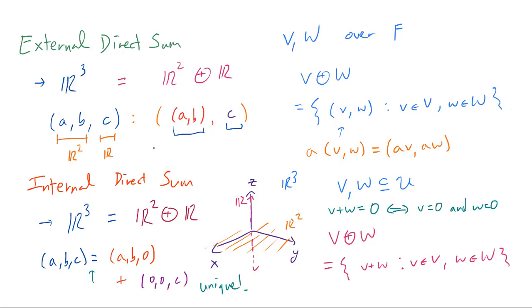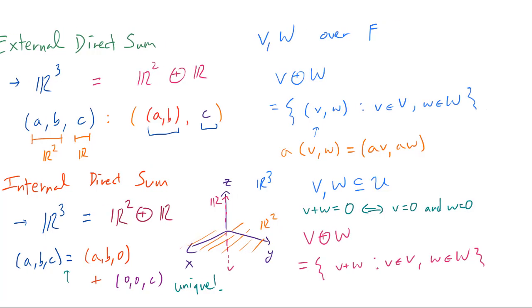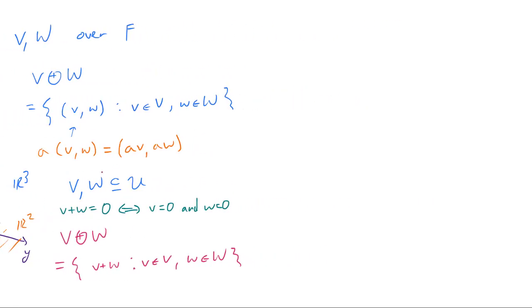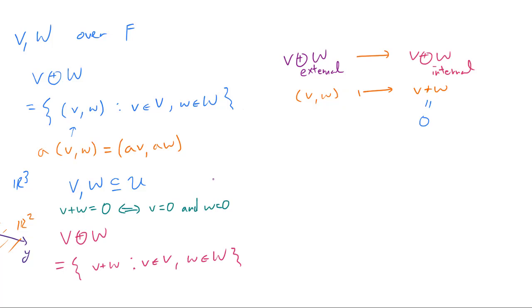But even in general, not just R3 being decomposed into R2 plus R, if you consider the spaces V and W satisfying these properties right here, and you consider the external direct sum and the internal direct sum, we can immediately find an isomorphism that simply sends (v, w) to v plus w, observing that this map is obviously surjective, and it's injective because for us to get 0 here, then by this requirement we must have that (v, w) was (0, 0).